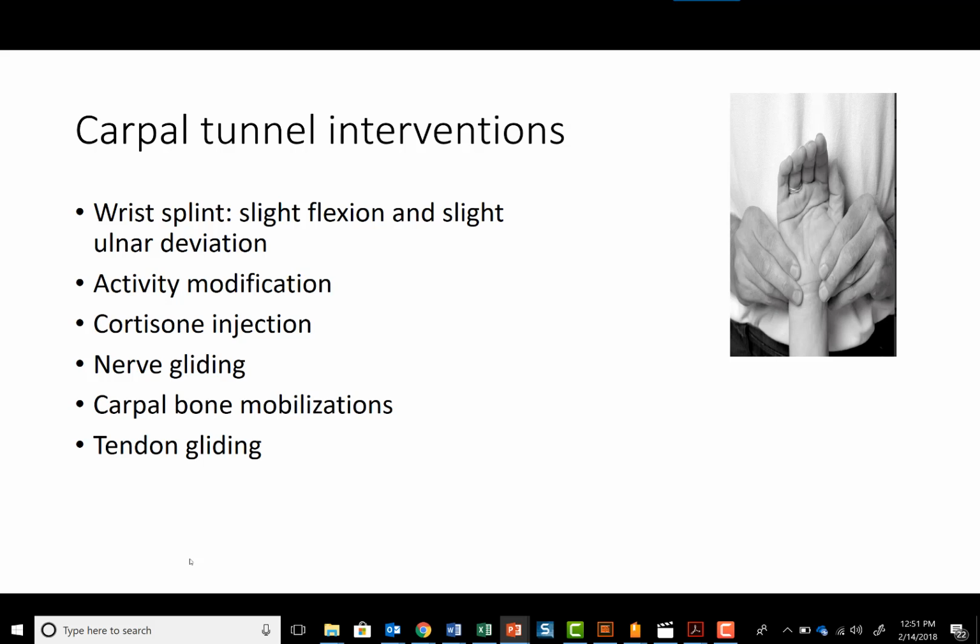Maybe we need to think about how you're sitting at your computer. We need to modify the workstation. They may inject cortisone into the area. Nerve gliding exercises, carpal bone mobilizations, tendon gliding exercises, and even thinking up more of the kinetic chain into the elbow, shoulder, scapula, neck. Are there any impairments in those areas that we can see that might be beneficial to treat?